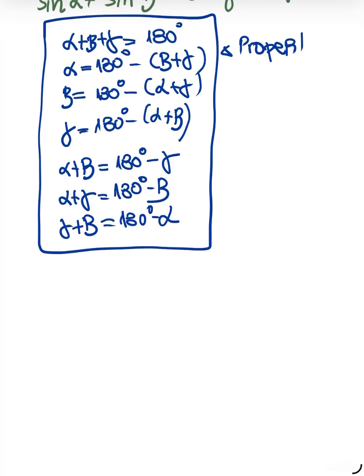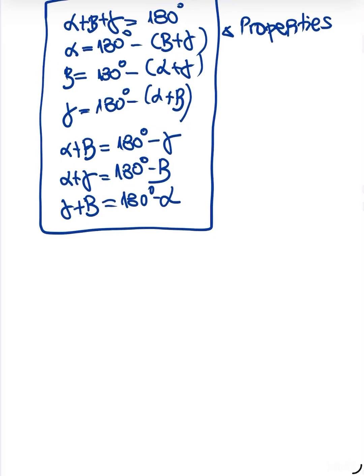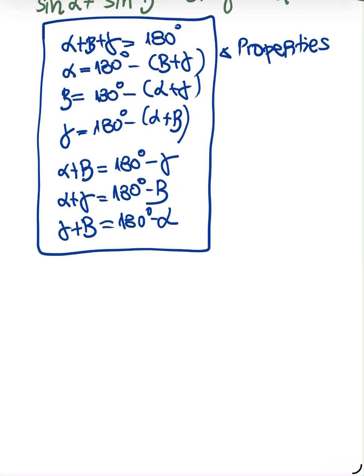Most of them are really simple. They're the basic properties that we learn, for example, in fourth or fifth grade, and we should know them. They're just formulas that are proved through the triangle rules.